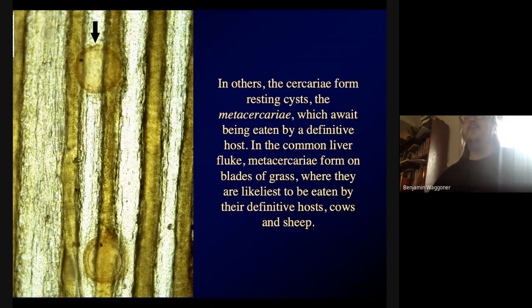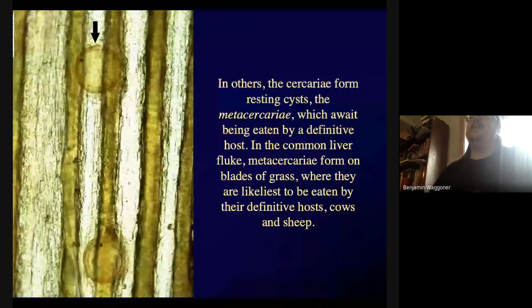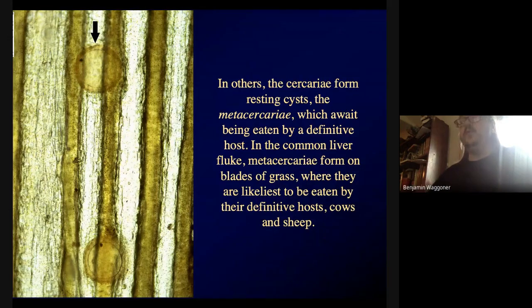So, yeah, this one is not a very common human parasite. I guess it'll produce eggs and they'll pass out in human feces, so I guess it could complete its life cycle in humans, but it usually doesn't. You have to eat just the right type of vegetation from just the wrong place in order to get fasciola metacercaria in your gut.